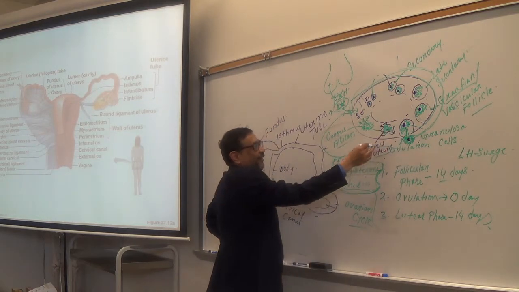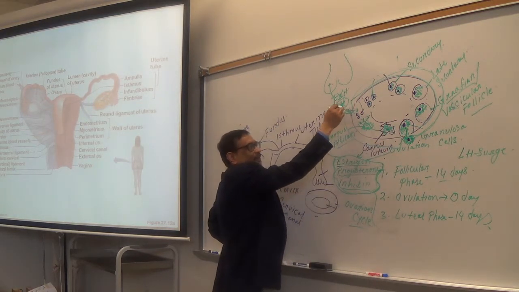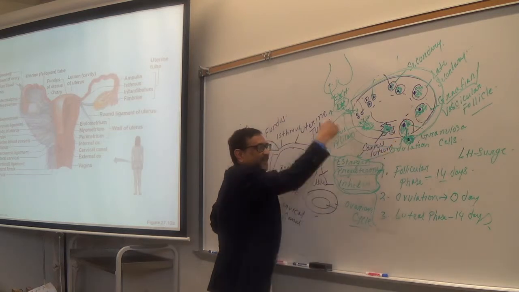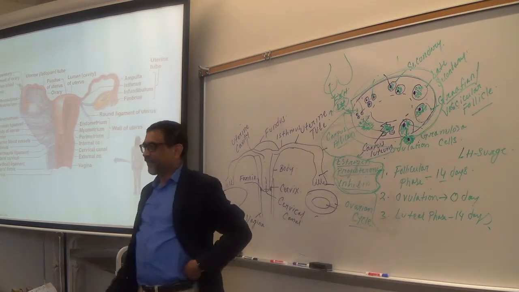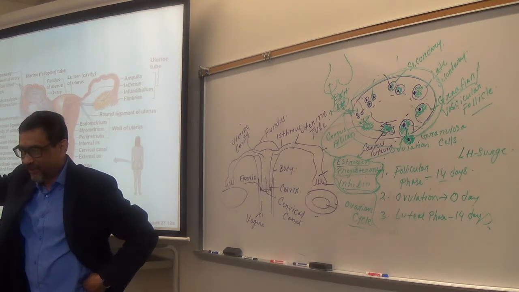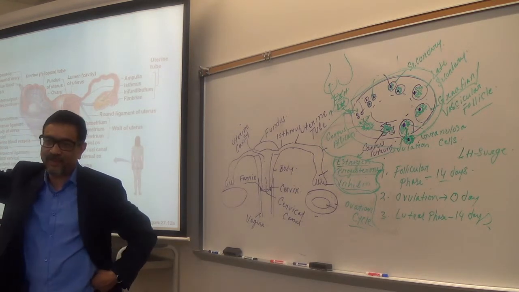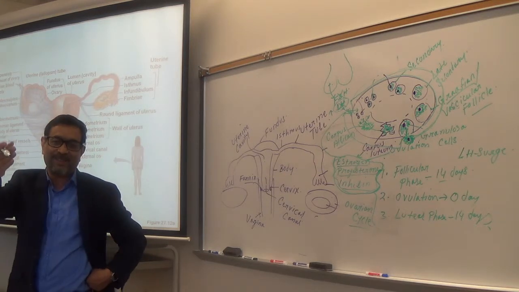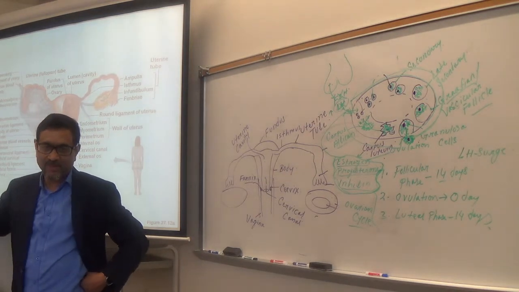And here, another 14 days. So, after 28 days, another ovulation occurs. Makes sense? 14 days take to grow the follicle, right? And rupture, and another 14 days, corpus luteum is there. So, no more ovulation. 28 days.